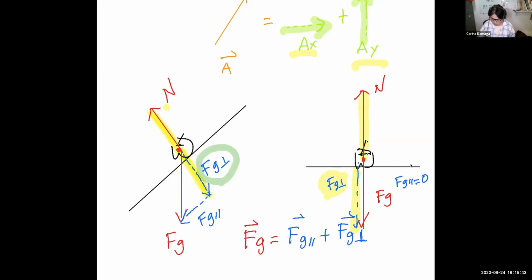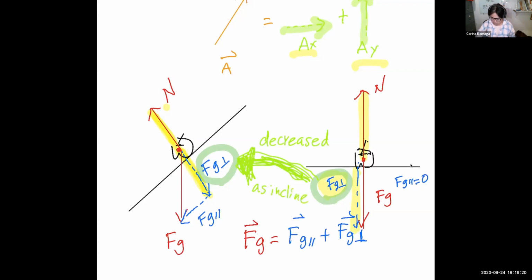This gravitational force and this gravitational force, from moving it to the incline, did it increase? Stay the same? Decreased, right? As an incline.